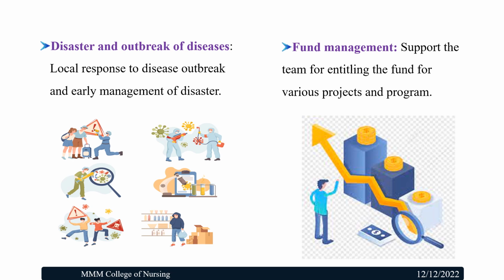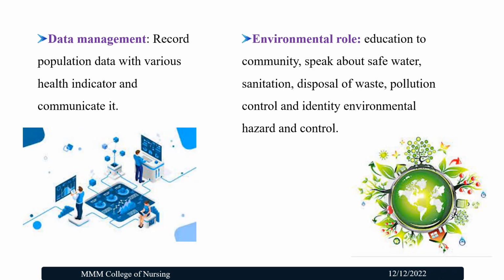Disaster and outbreak disease: local response to disease outbreak and early management of disaster. Fund management: supports the team in entitling the fund for various projects and programs. Data management: record population data with various health indicators and communicate.